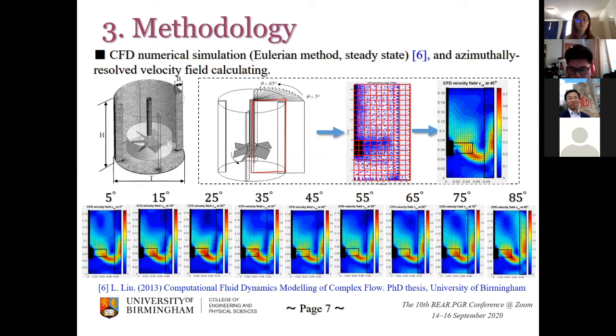If we use instantaneous simulation, it will be quite different, because here our objective is to know, at different azimuthal positions, that means at different degrees, how the flow looks like.